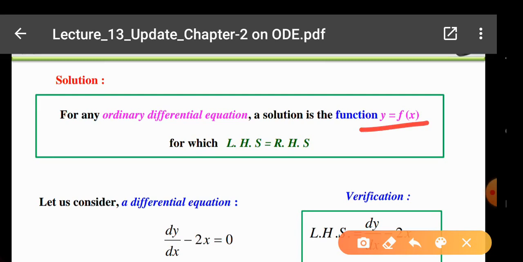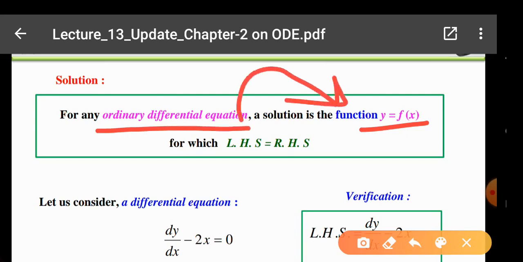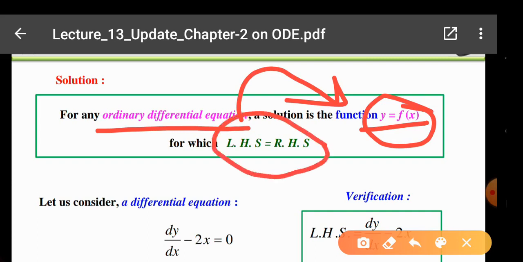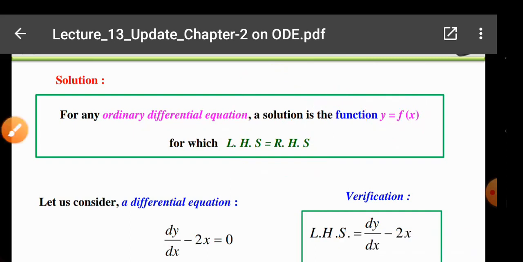That means we can define a solution for an ordinary differential equation in this way: a solution is the function y equal to f of x for which the left side of the differential equation is equal to the right side of that differential equation.